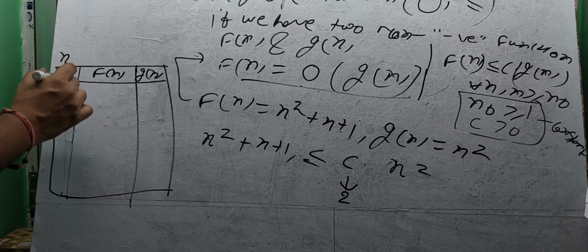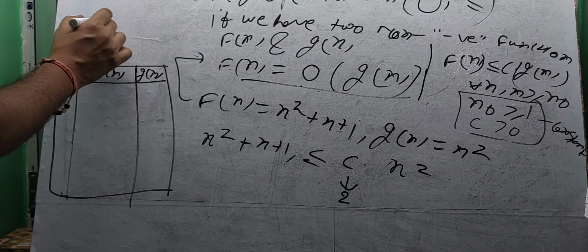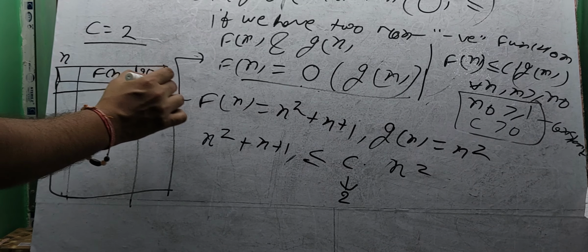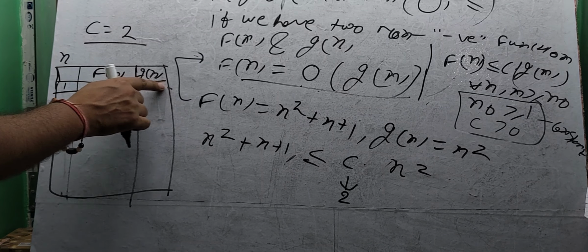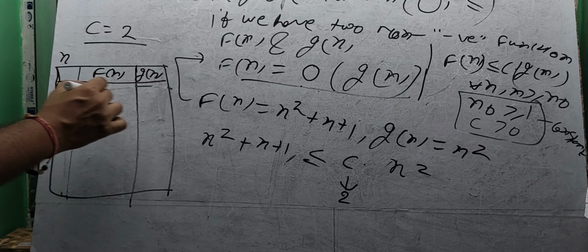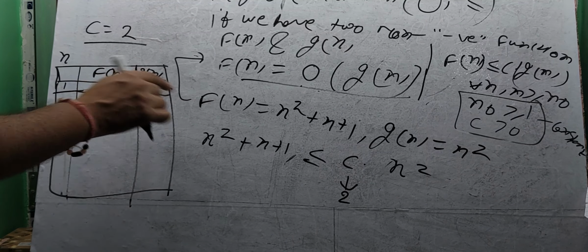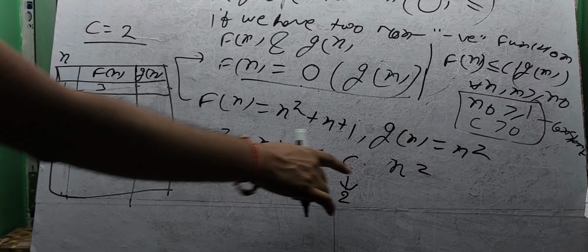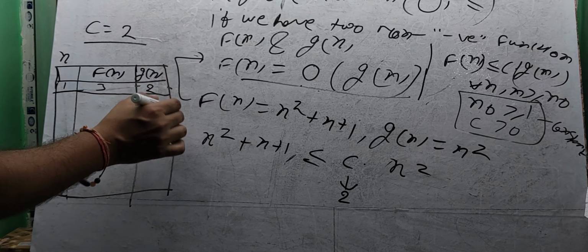Now for constant equal to 2, take value 1. If we take n equal to 1, then it will give 1 plus 1 plus 1, that is 3, and it will give 2.